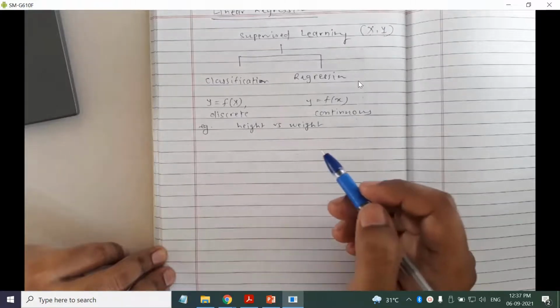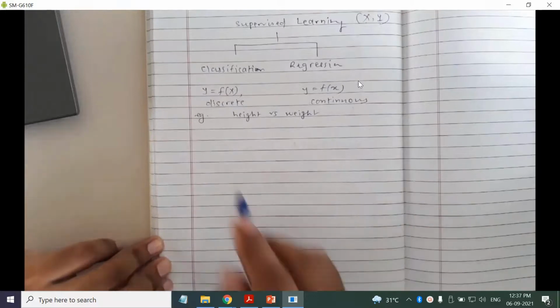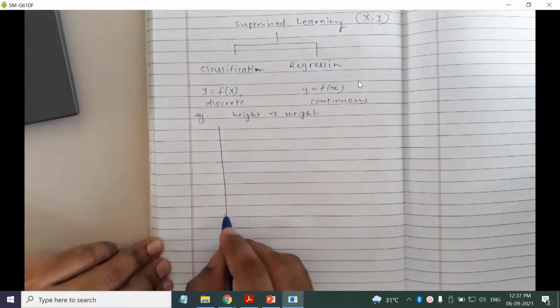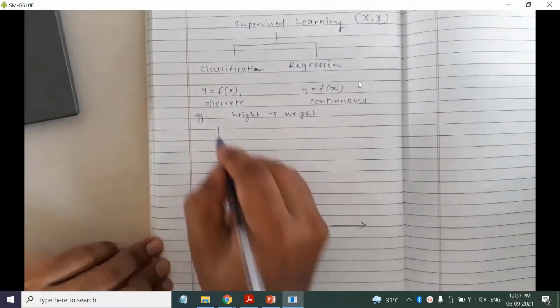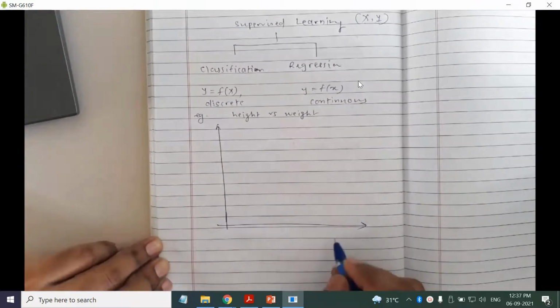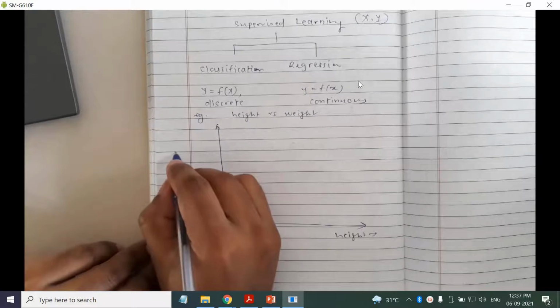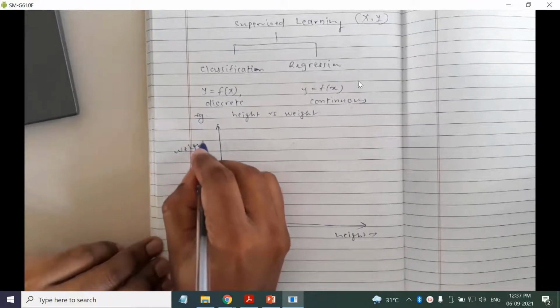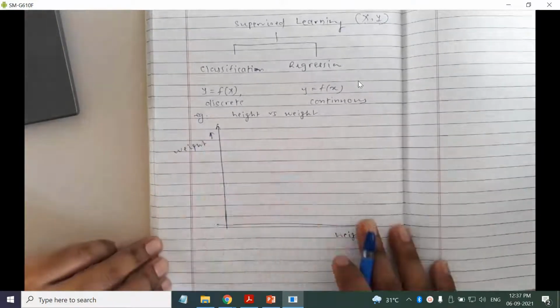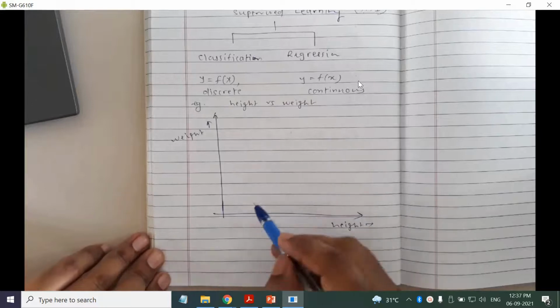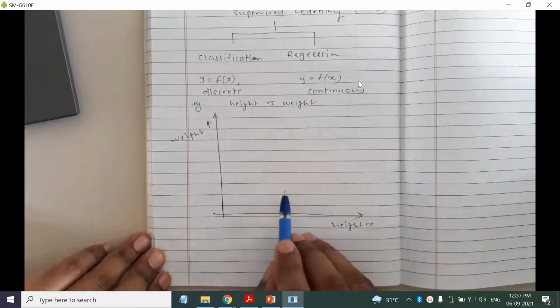Yes, they have a positive relationship, right? So generally, we have height along the x-axis, and weight. With the increase in height, weight generally increases, right?